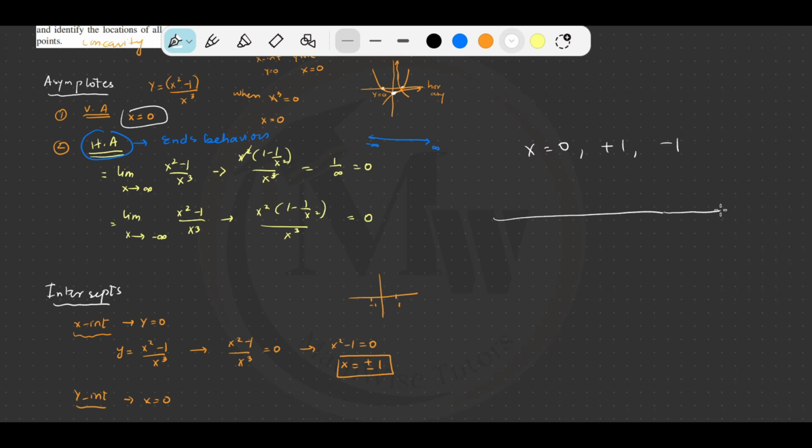So we have 3 points, and we need to check the sign of y, how the y values behave around x equal to 0, x equal to negative 1 and x equal to positive 1. To find the sign around these points, we take some test points between these intervals to check how the function behaves.